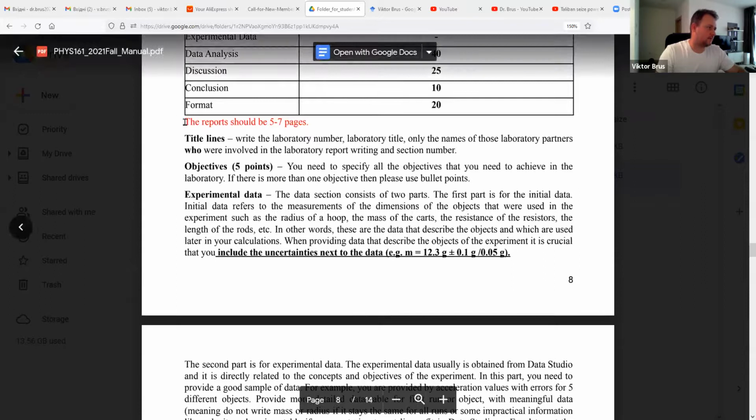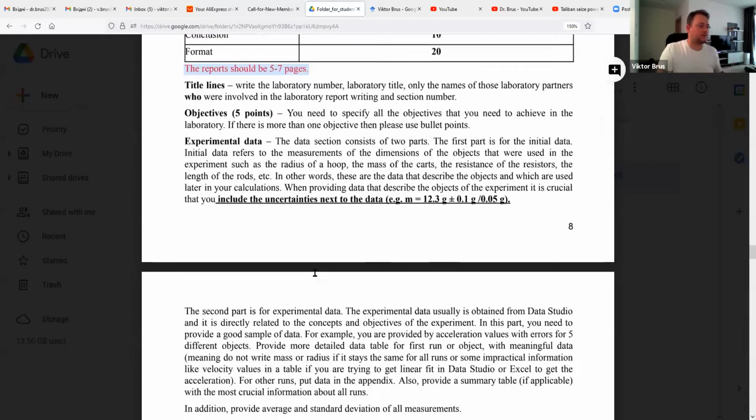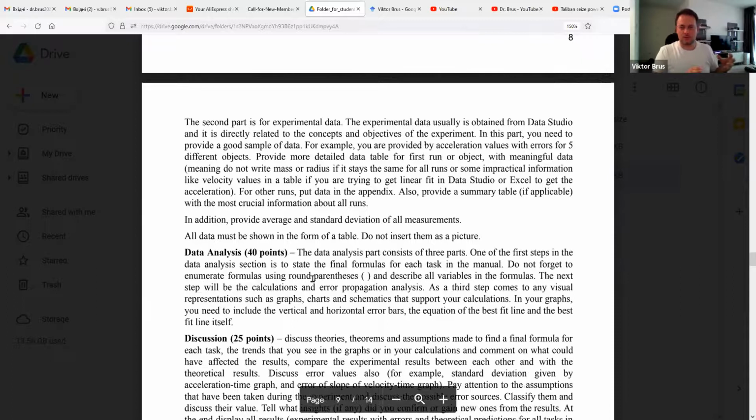Again, this information on lab reports: they are in the range of 5-7 pages. You will go over all these points again with lab assistants, but that's also important. Keep in mind, it should not be too long. There will be 3 persons in a group, so all of you will be grouped in 3-person groups.